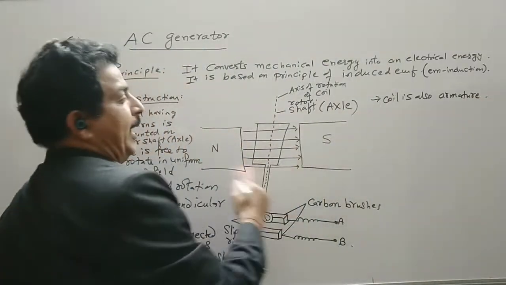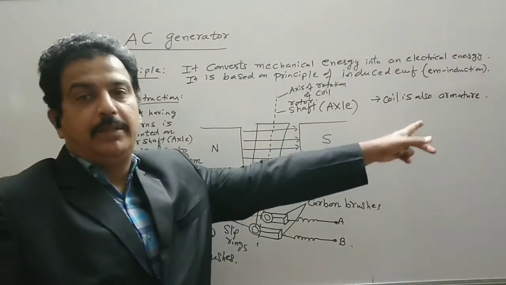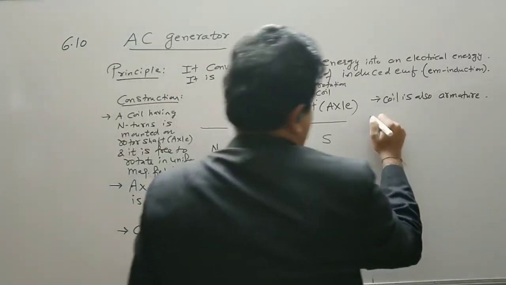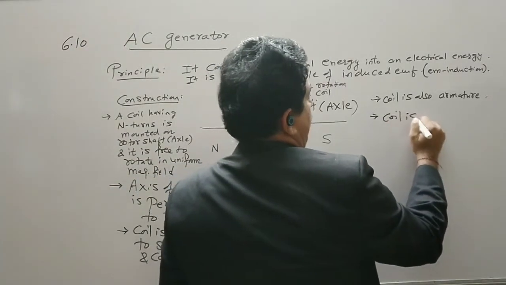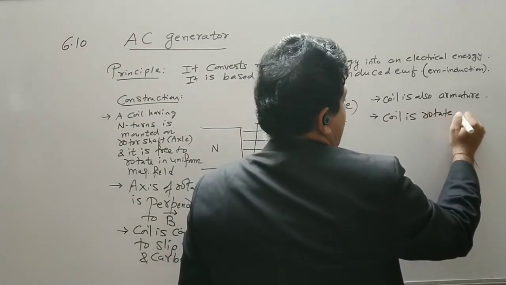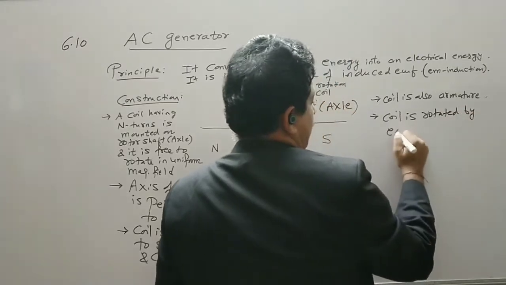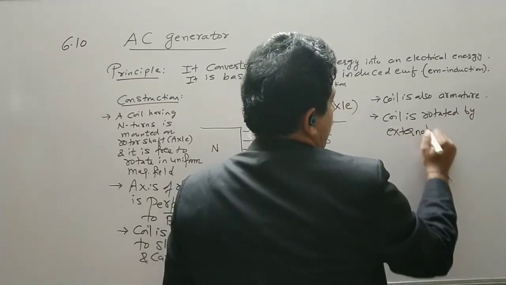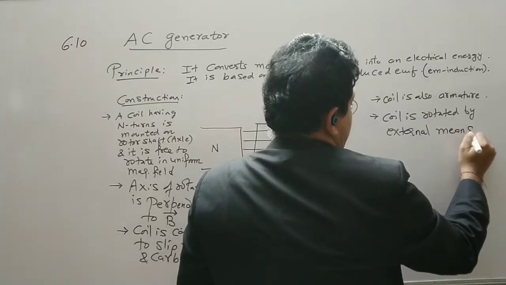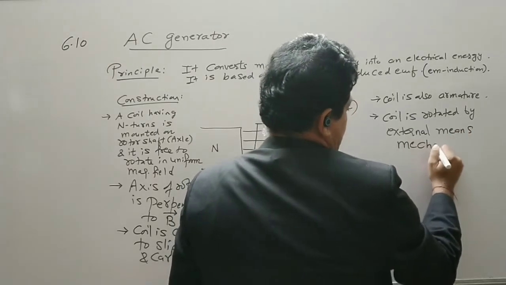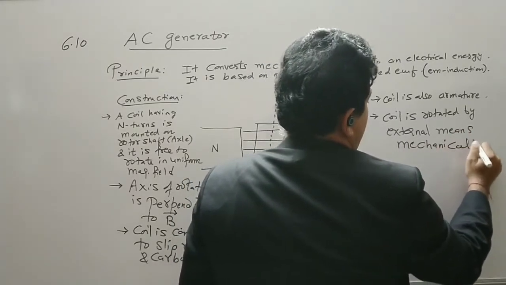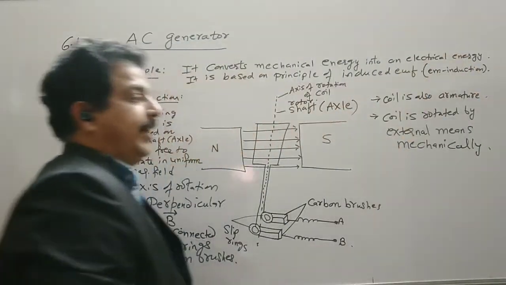So the coil having n turns is sometimes referred to as armature, and the coil is rotated by external means, mechanically. So it will convert your mechanical energy into an electrical energy.